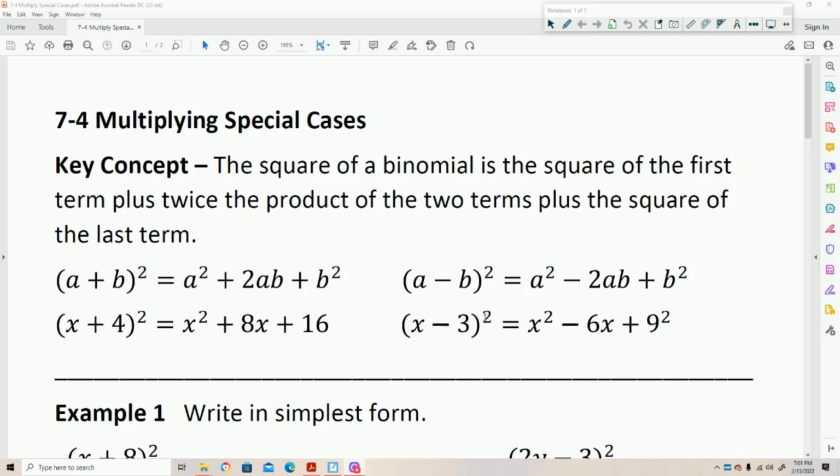In our example here, we square x, we square -3, we get 9. And then here we multiply 2 times -3 times x, and we get -6x. We're going to look at those two concepts in depth, and one more before we finish this lesson out.